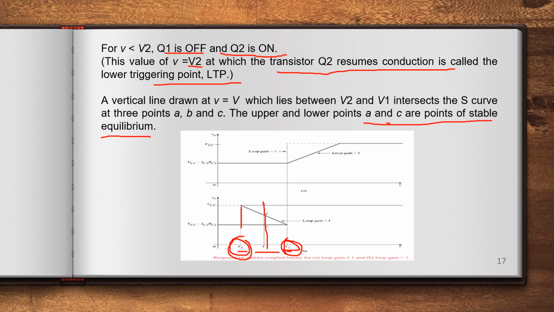So A is at its upper level and C is at its lower level. This is one state, this is another state.